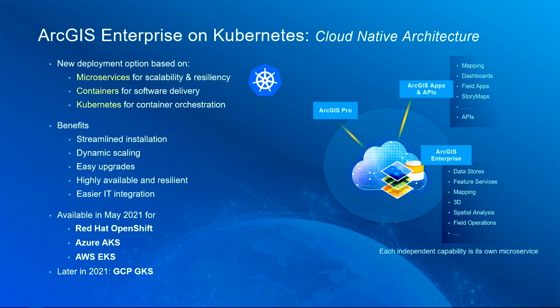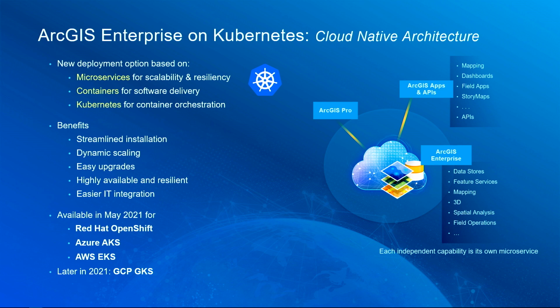It will also introduce a brand new deployment option, ArcGIS Enterprise on Kubernetes. ArcGIS Enterprise on Kubernetes delivers GIS using cloud-native architecture. It's a new deployment option based on microservices, containers, and Kubernetes. Each independent capability, such as hosted feature services or spatial analysis services, is delivered as its own independently scalable microservice.